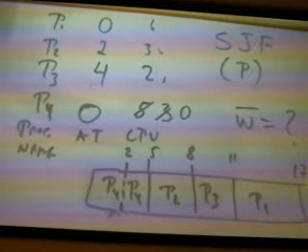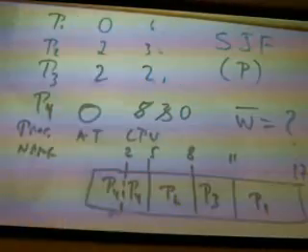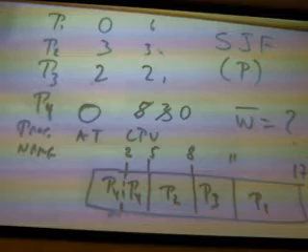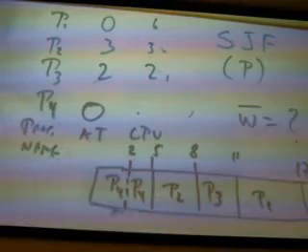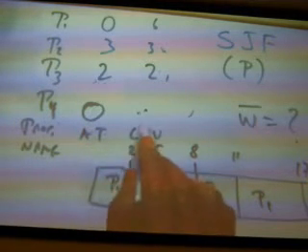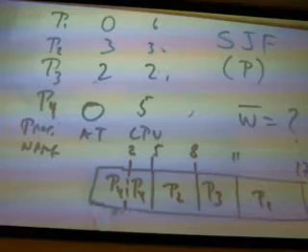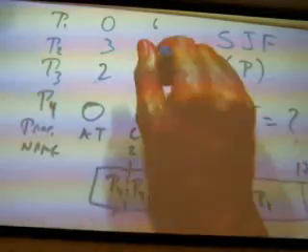But if we have perhaps 2 and 3, things are going to change. Because P4 gets the CPU for 2 time units, and then this one has 3, right? So this one is going to take the CPU.